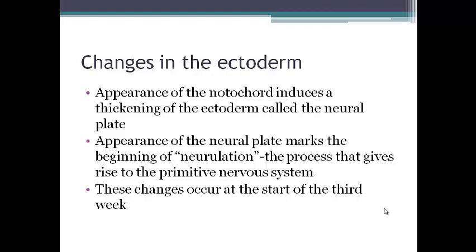Once the neural plate appears, this marks the beginning of neurulation, which is the process that will give me the primitive nervous system. These changes start happening at the beginning of the third week. So think of neurulation as the first event of the embryonic period.